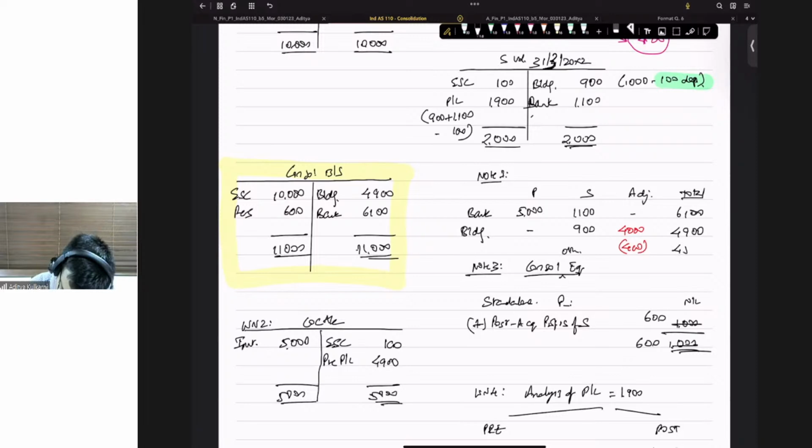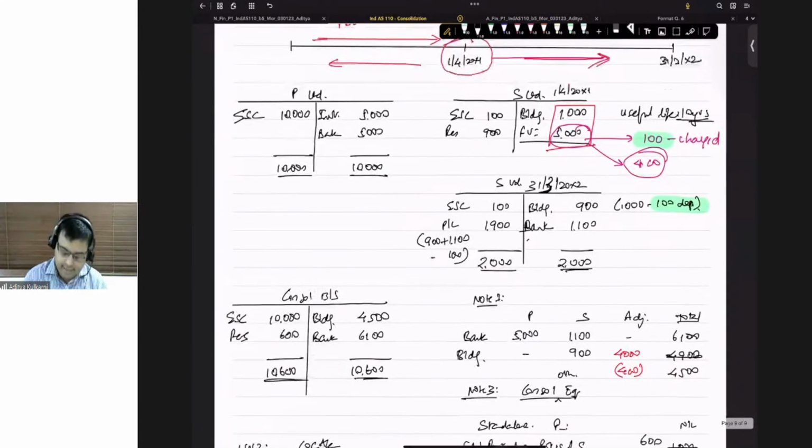So this will fall to 4500. All right. So with this, am I getting a tallied balance sheet? Yes, I am getting. The balance sheet tallies at 10,600. Is it okay?